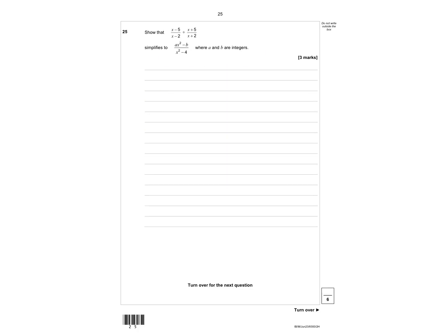Question 25. Show that these two fractions simplify to this when added together. So we're adding algebraic fractions, x minus 5 over x minus 2, plus x plus 5 over x plus 2. We need them to have a common denominator. So we're going to give them both a denominator of x minus 2 multiplied by x plus 2.